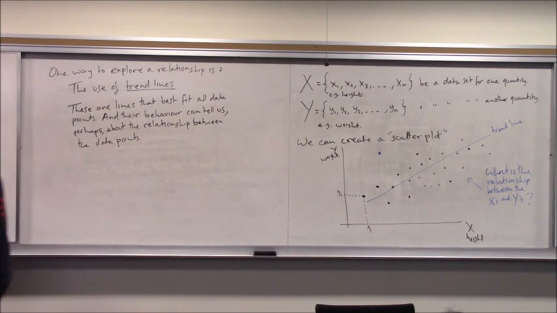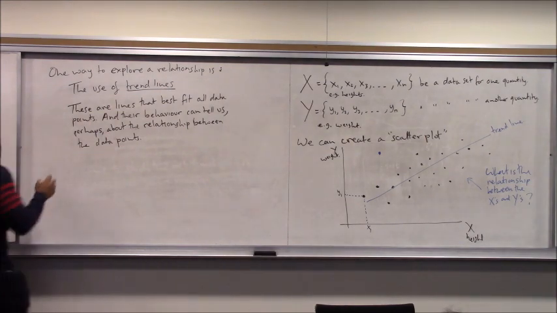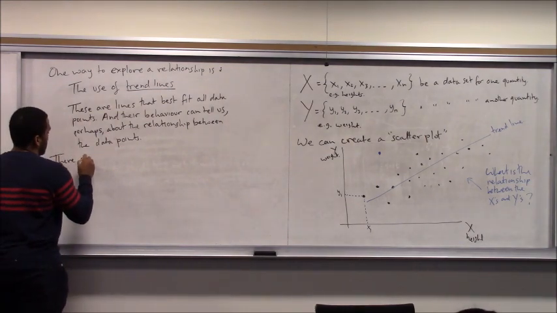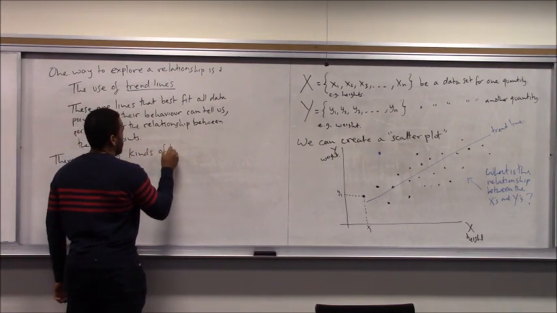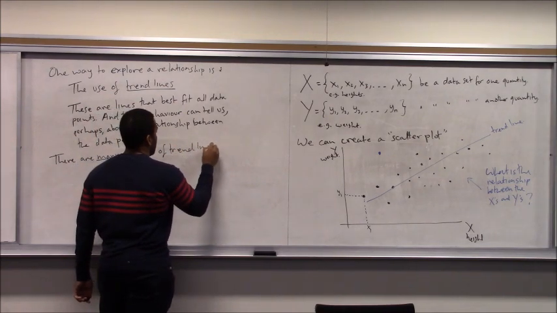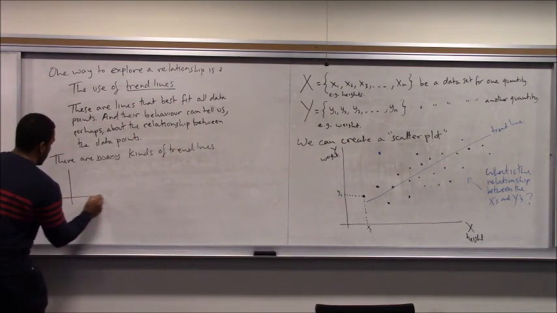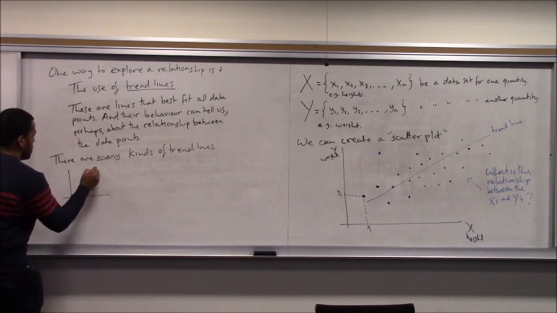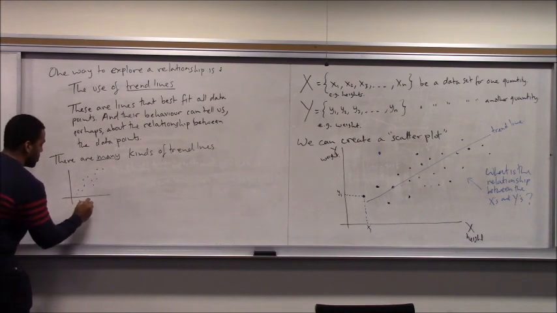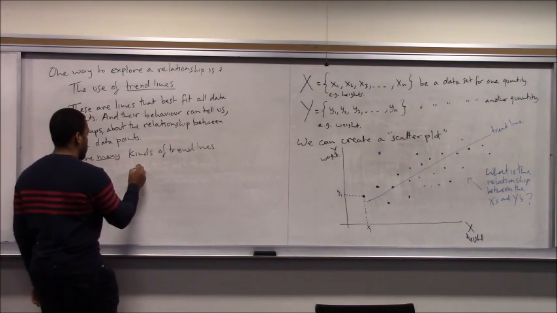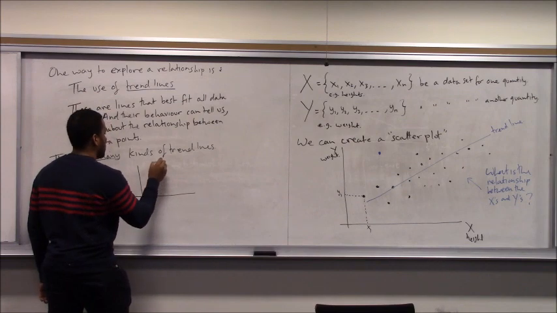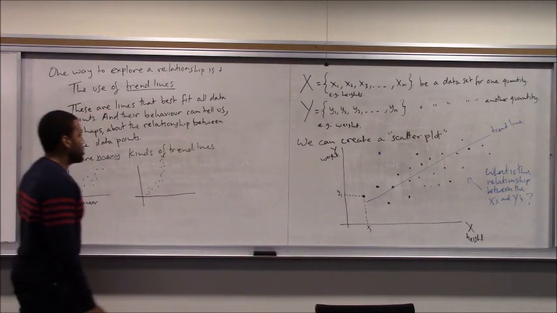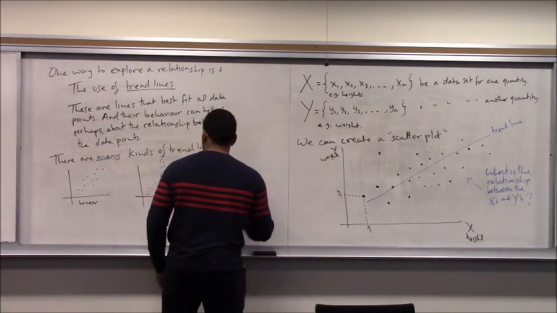So you can have many kinds of trend lines, and I actually did some examples here. And they all tell us something different. You can have, of course, a linear one. You can have what we call exponential.